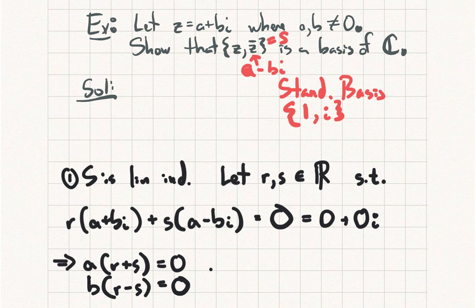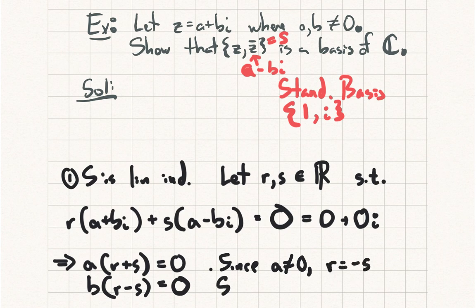Now remember that we picked our complex number z such that a and b were not 0. And we have two numbers multiplied to give us 0. So since a isn't 0, we know that r plus s must be 0, so r has to equal minus s.